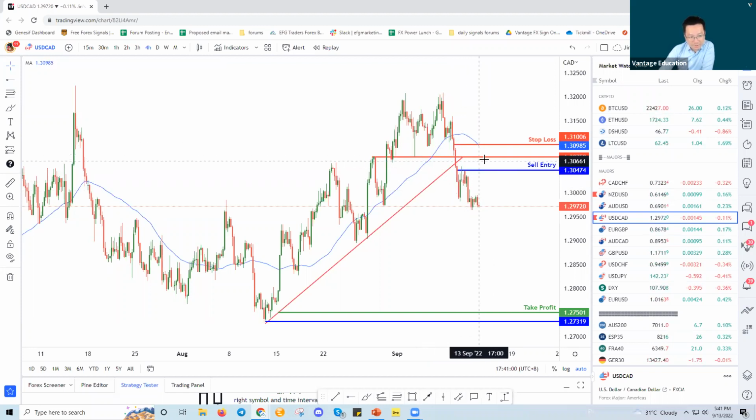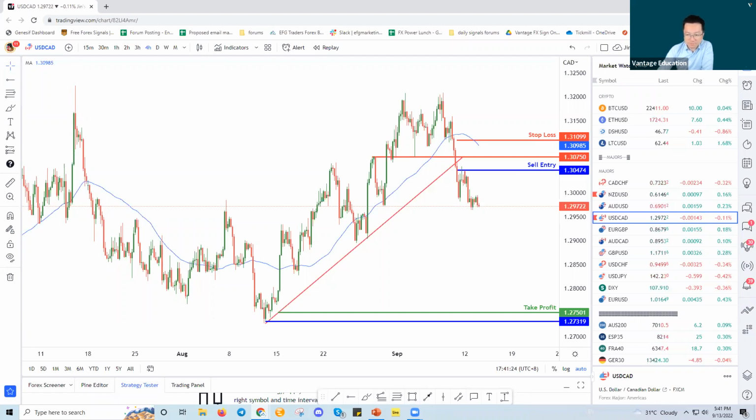Stop loss again above that level, above that near-term resistance level. I think I had my stop loss just above 1.31. And then my take profit is down towards the 1.2750 level.